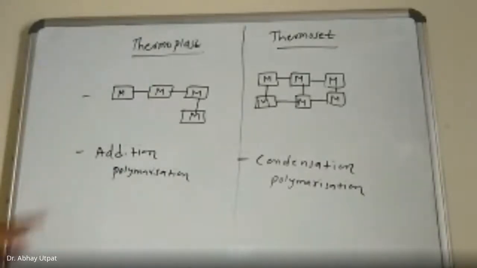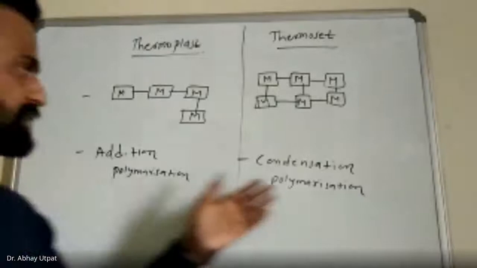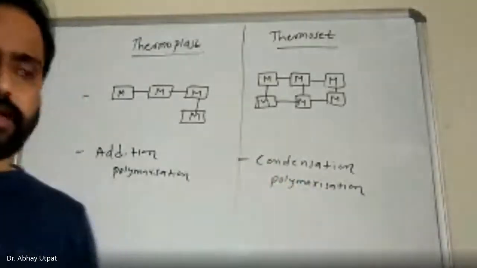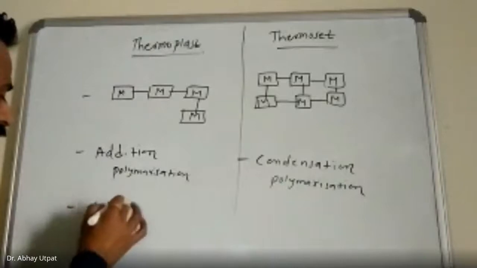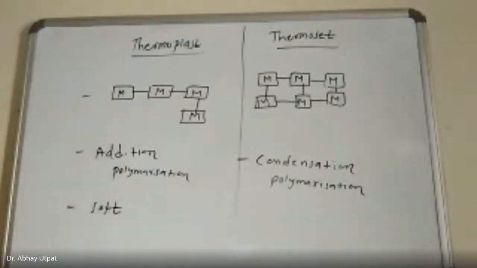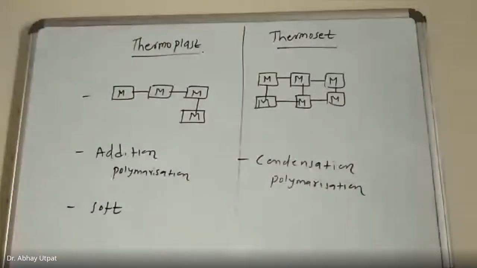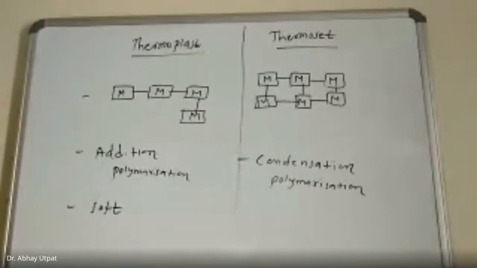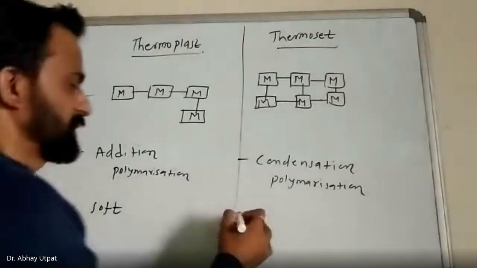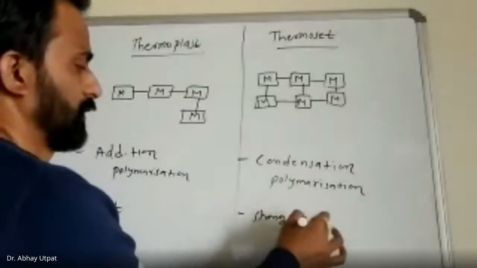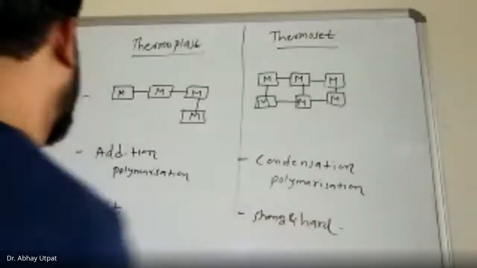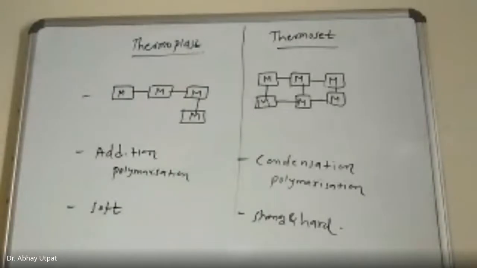Thermoplasts are soft and weak, whereas thermosets are strong and hard.